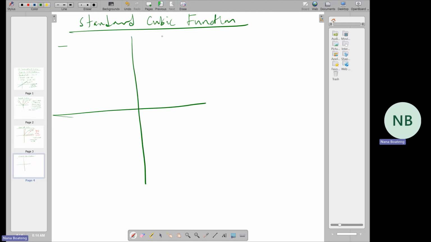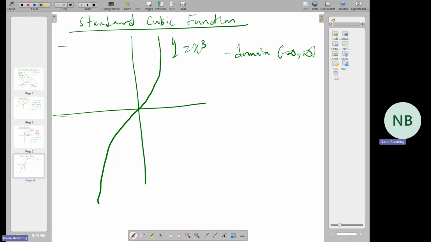The standard cubic function looks like this: y is equal to x cubed. Its domain is all real numbers, from minus infinity to infinity.